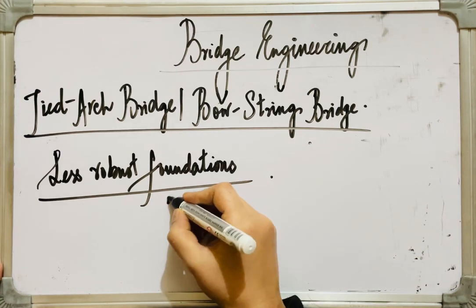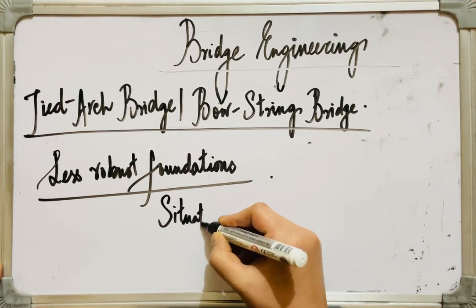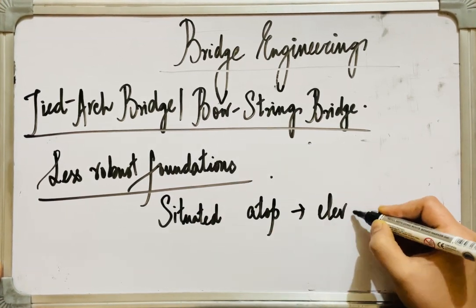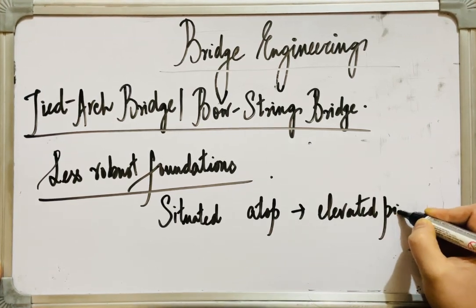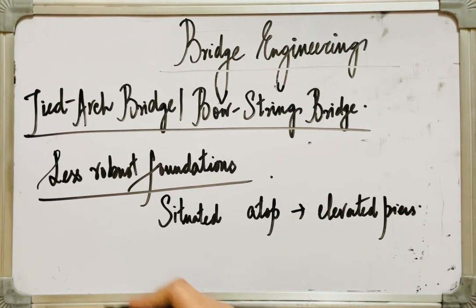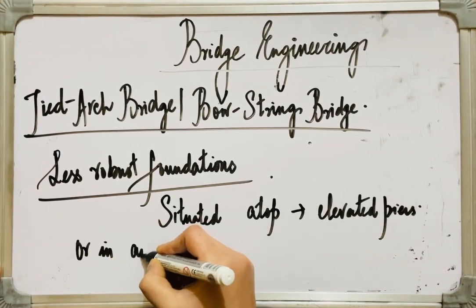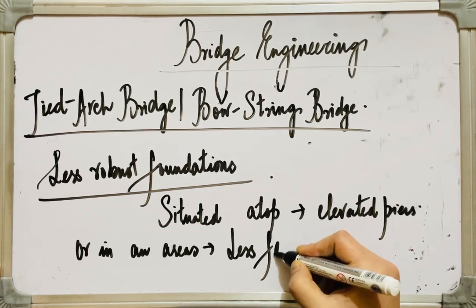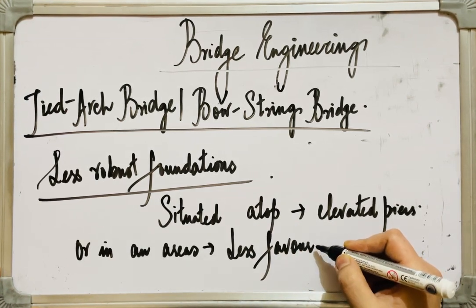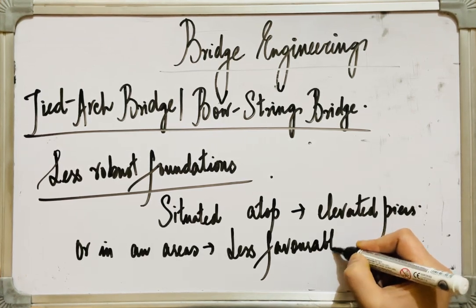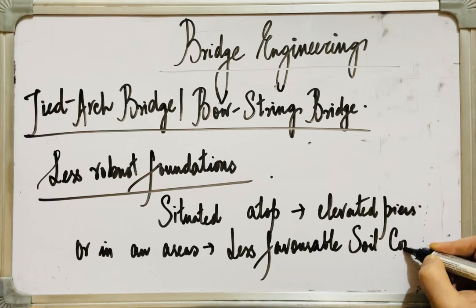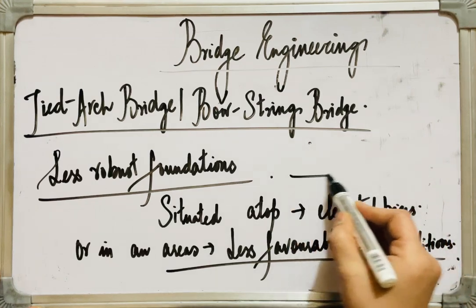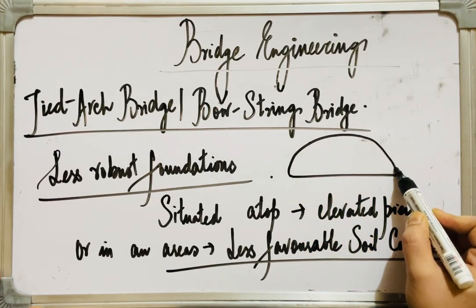All right, so these tied arch bridges can be situated atop elevated piers or in an area or areas where there are less favorable soil conditions or there is unstable soil, since the arch, in case of a tied arch bridge, rises above the deck.